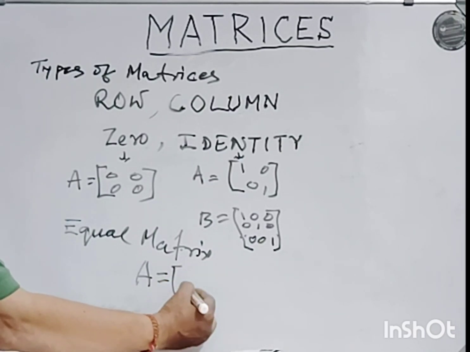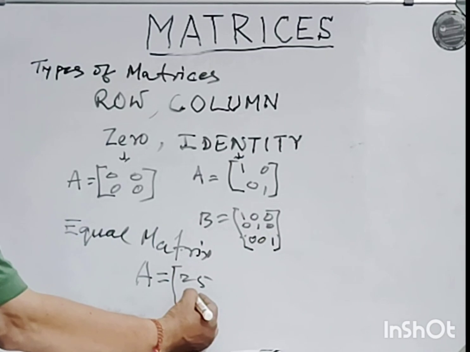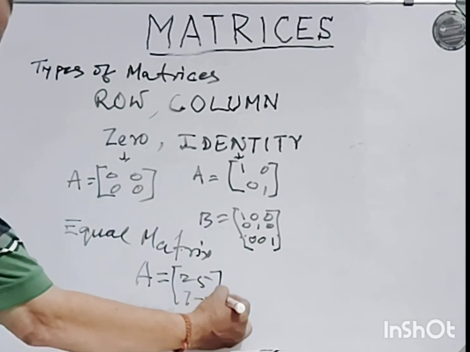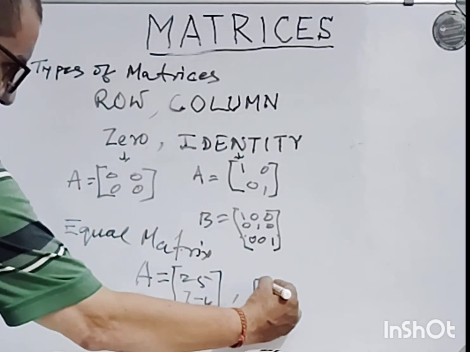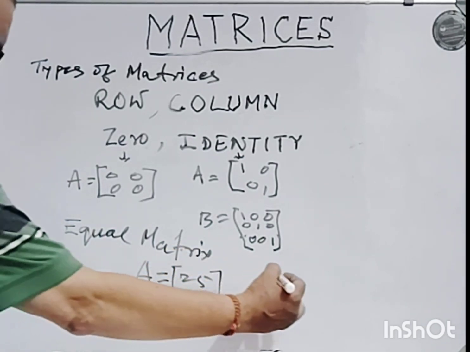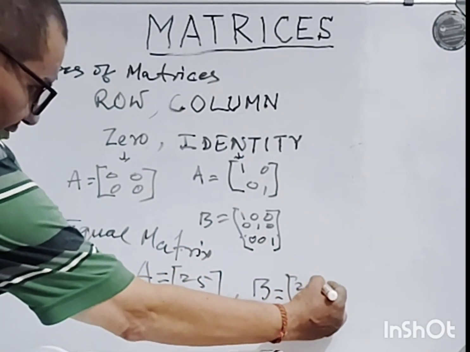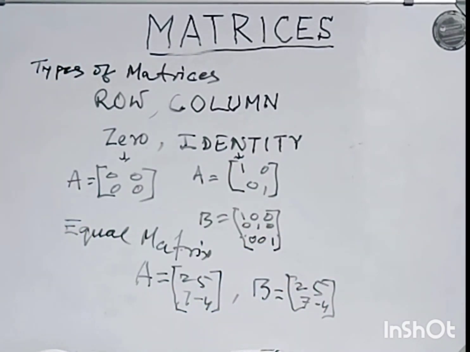Suppose this is 2 5, 7 minus 4, and B is the same: 2 5, 7 minus 4. So this is the introduction of matrices.